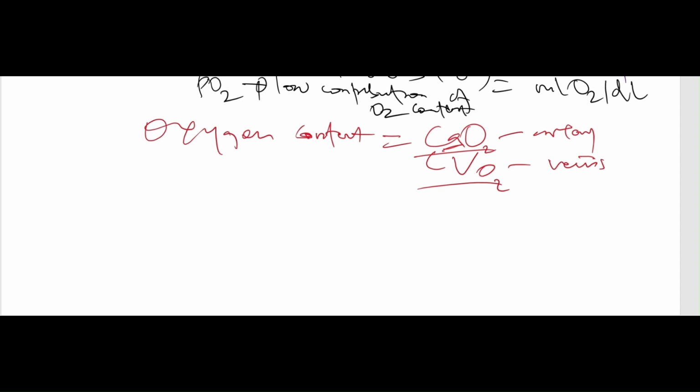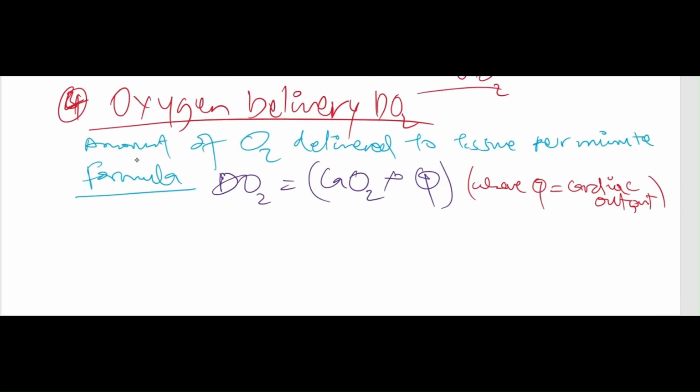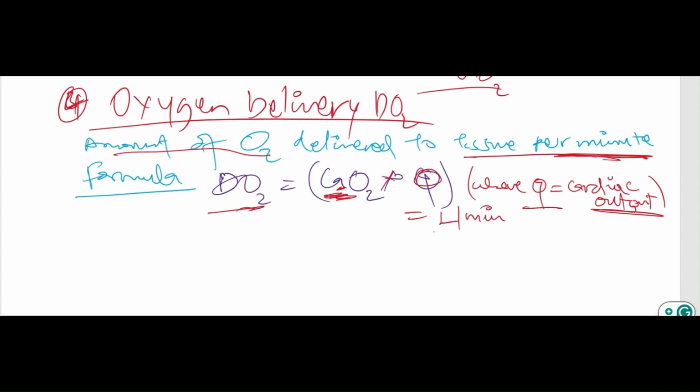Let's now proceed to oxygen delivery. Oxygen delivery is simply the amount of oxygen that is delivered to the tissue per minute. Remember this, and its formula is DO2, which is the abbreviation for oxygen delivery, equal to the oxygen content of the artery, remember A, times Q, where Q is the cardiac output. And usually this should give you liters per minute.